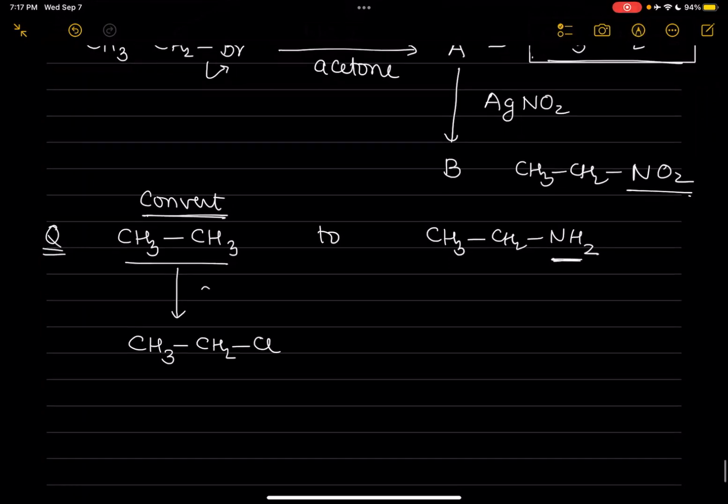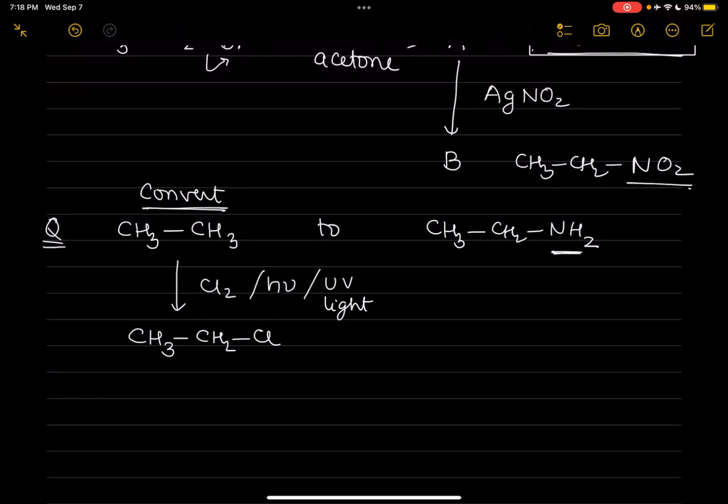Yeah, you need to take chlorine and light, sunlight or UV light, because that will give energy to break the Cl-Cl bond, and you get Cl radicals.